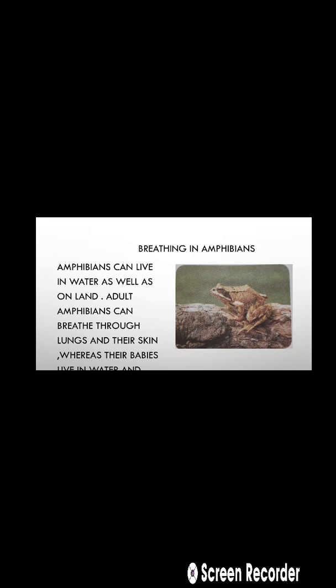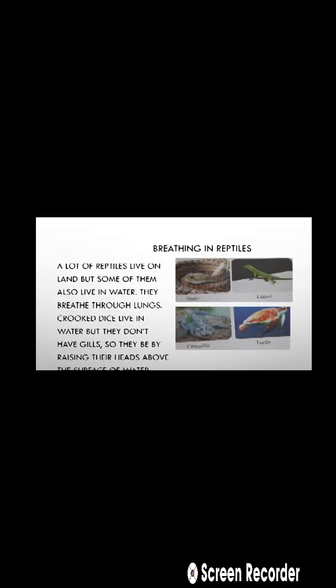But young amphibians, a young frog, doesn't have gills, so when they live in the water, they breathe through their moist skin. Whereas the baby of the frog is called a tadpole, and the tadpole has gills. So the tadpole breathes through the gills.